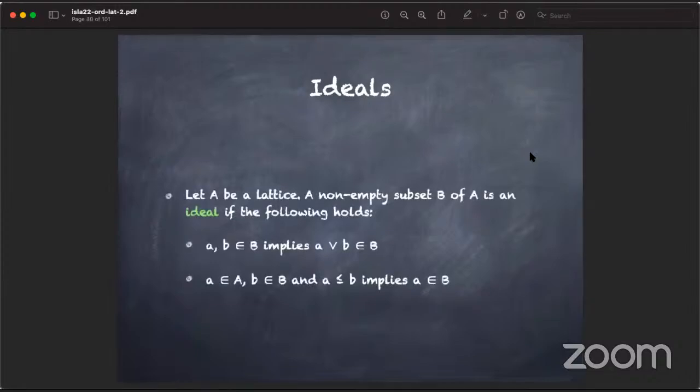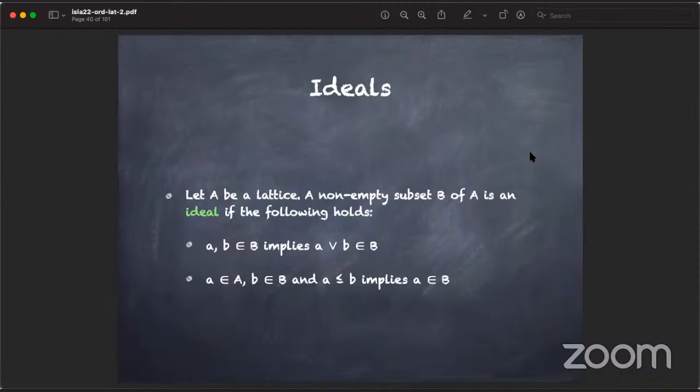So what is an ideal? Let A be a lattice. A non-empty subset B of A is an ideal if the following holds. Basically, what does it mean? It is closed under join, and if any element is there, then all the elements which are less than that should also be there. That is the whole point of ideals.